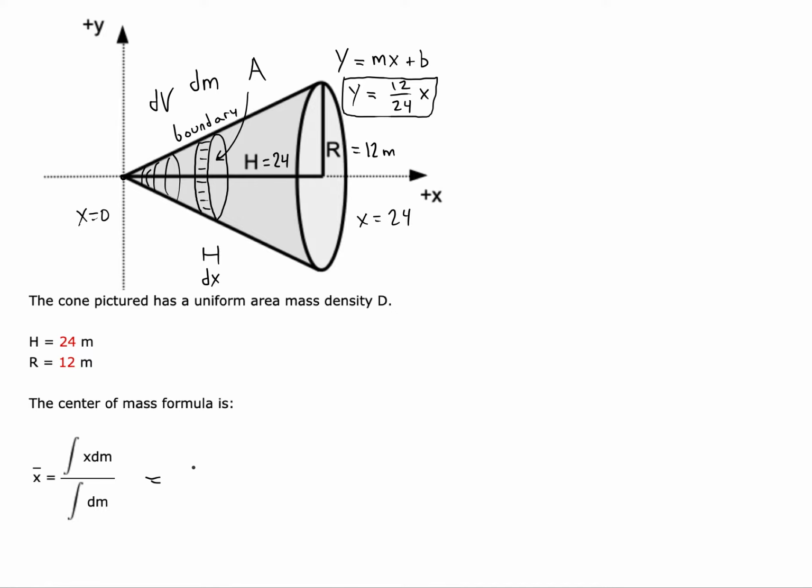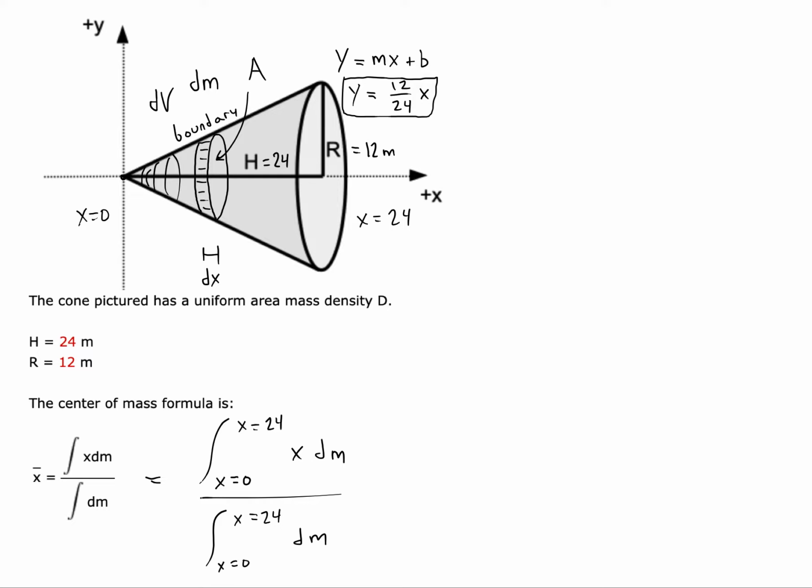But if we set our limits as x equals 0 to x equals 24, then we can't keep that dm in there, because we want our limits to match the differential variable. So the whole goal is to get rid of dm and replace it with something else.